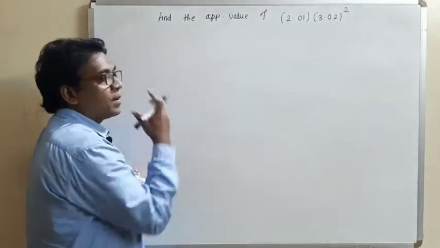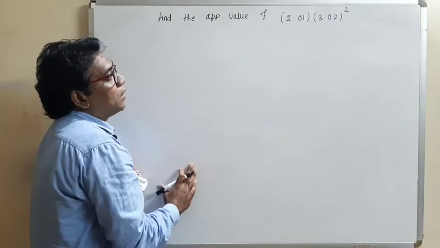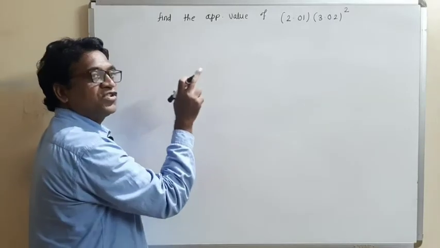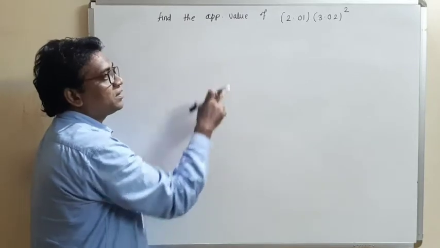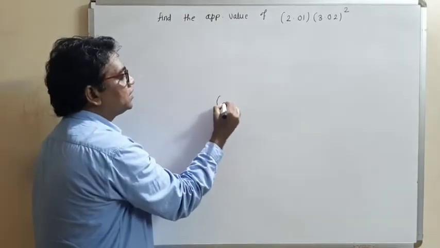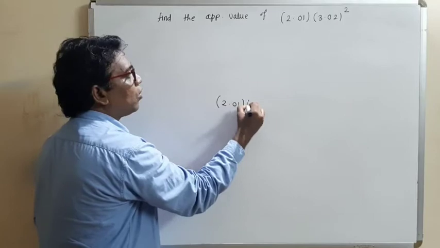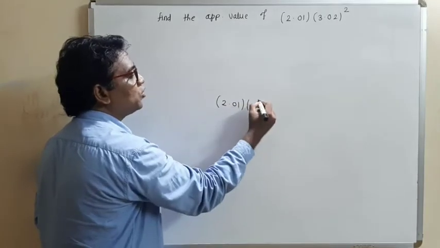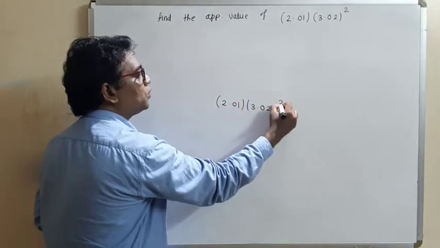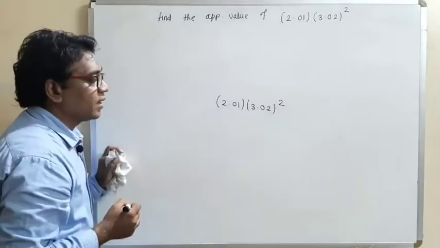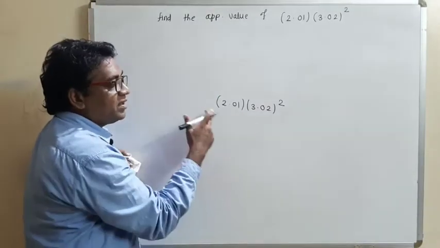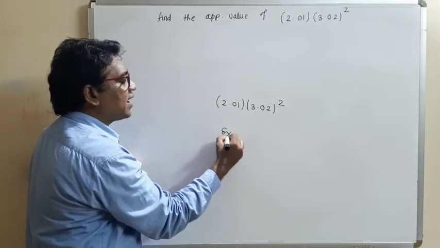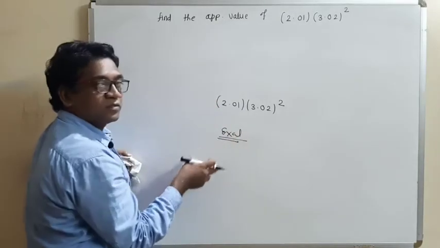Now see what is the example. By using the differential method, we want to find out the approximate value of this function, 2.01 into (3.02) square. Now by using a calculator, we can easily find out the exact value of this function.